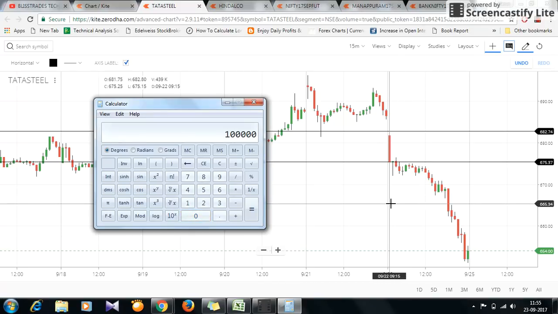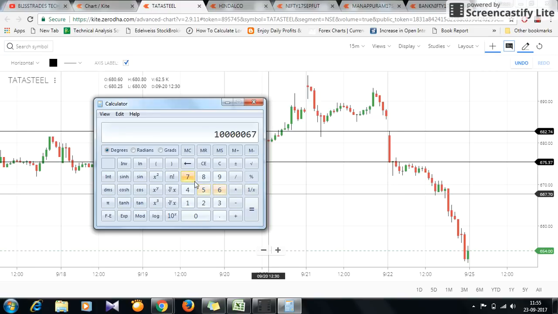So I divide 1 lakh by the closing price, that is 675.25. So it's around 148 shares. So you can round it off to 150. So 150 into 7.65, which was my risk, is 1147.